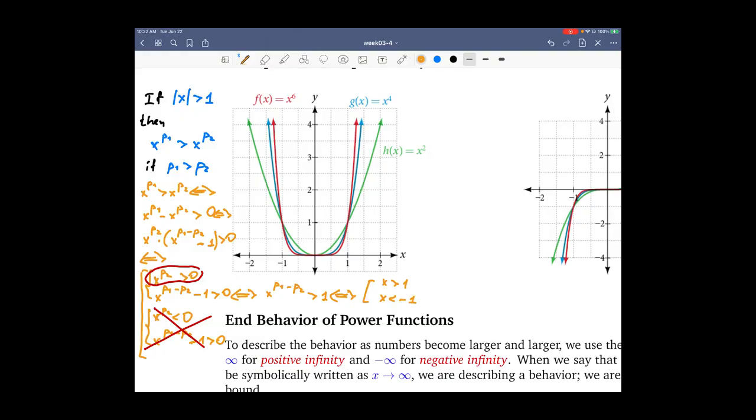Now, we have the opposite situation. And by the way, how about the reverse direction?